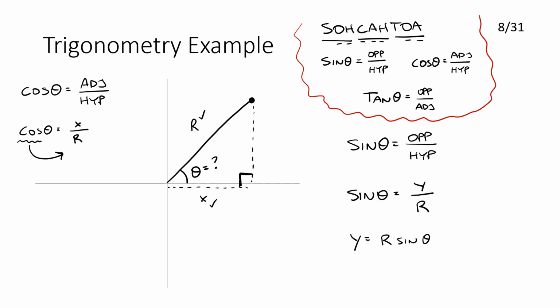So theta will be left on this side, equals the inverse cosine of x over r. This is just a function you can use in your calculator. You take the inverse cosine of this fraction, and doing that will give you this specific angle.